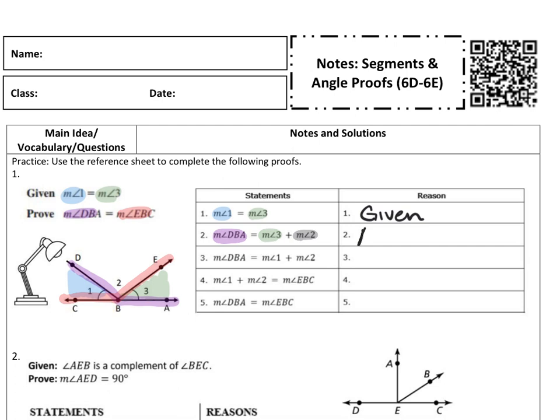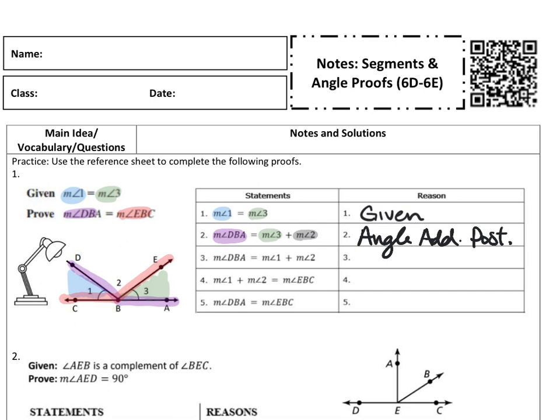Absolutely. Angle addition postulate. So we're going to write that down. Angle addition postulate. I'm totally okay with you using short phrases for these as long as it's not just letters. I need to make sure you actually know what the words are. But postulate's kind of long, so POST period is fine. Addition ADD is fine.